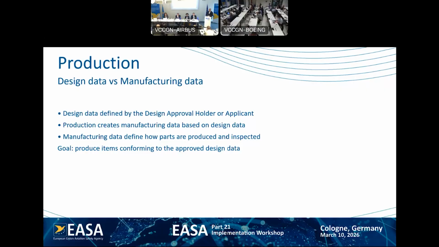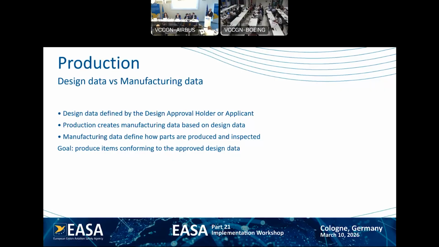And when the manufacturing is executed, the manufacturing data tells how the part has to be manufactured and inspected. And the goal, of course, is to conform ultimately to the design data, which can be approved design data or applicable design data, whether the design approval holder is a holder or an applicant of design, right?